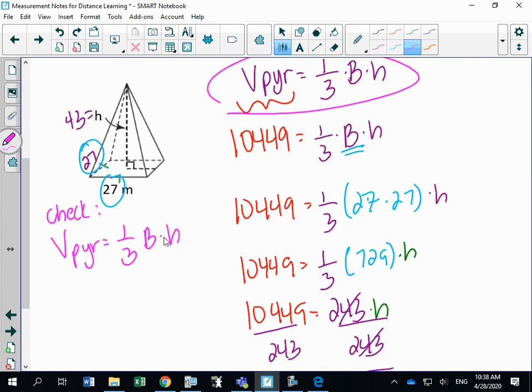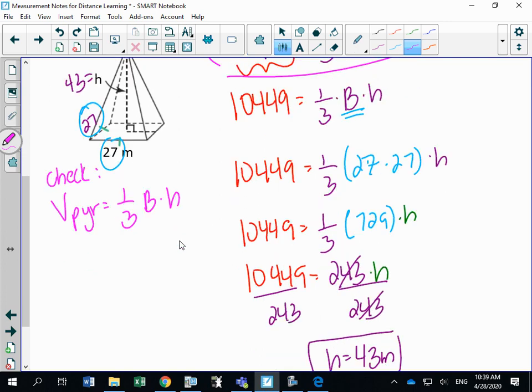I'm only going to type in the right-hand side. So 1/3 big B is the area of the base, 27 times 27, and the height that I got was 43. And I'm going to type this into my calculator. What would you be looking for? What answer do I hope spits out? I hope that 10,449 spits out. And if it does, then I've done it correctly.